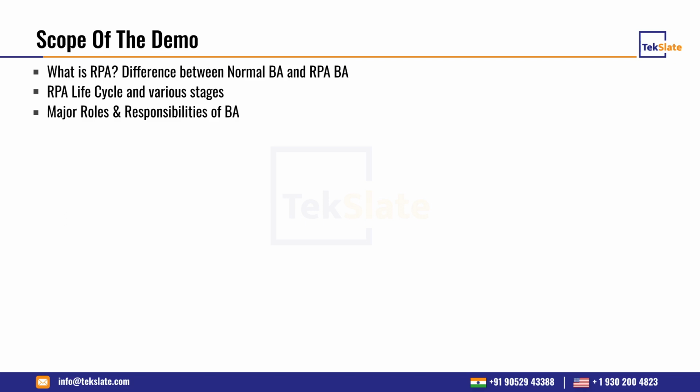Now I have to take requirements from the business. For that, you need to do process analysis, and for process analysis you have to interact with the SME. You should set up a 30 minute call with the SME and get exactly what he is doing, because RPA is all about doing what a human, what the SME, is doing.